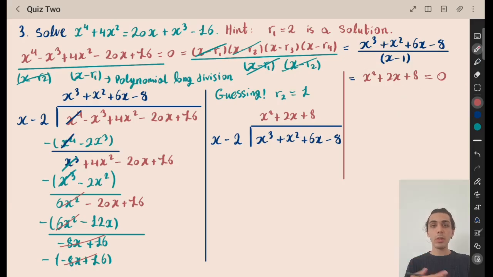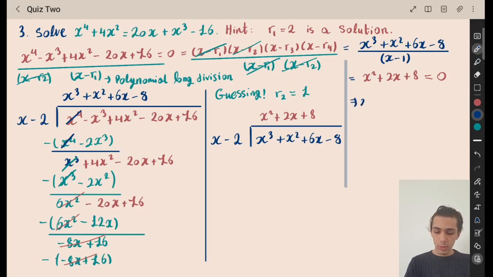So this is still equal to 0. Because if you divide 0 by something, it's equal to 0. We divided 0 by two things, which are x minus r1 and x minus r2. Now, if this is equal to 0, then it's actually our lucky day, because we know how to work with this. And the way to proceed is by using the quadratic formula.